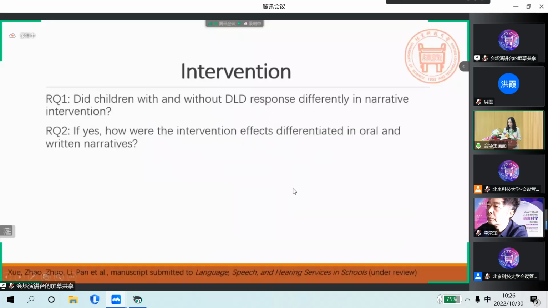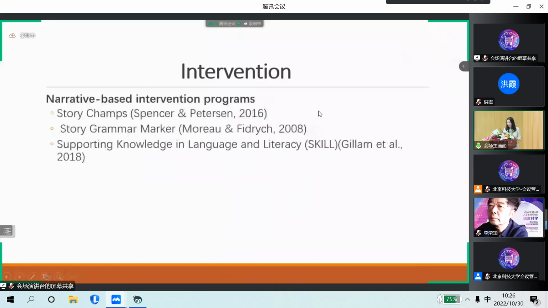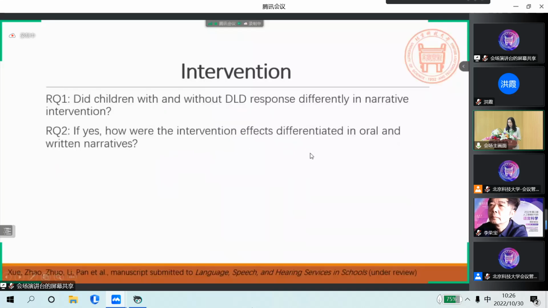This is the intervention program we adopt. In the following, I will report some preliminary findings on our intervention study. This is research we have submitted, and now we are in a second revision.